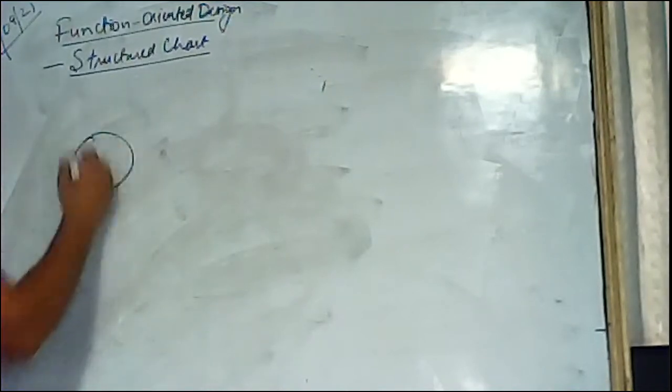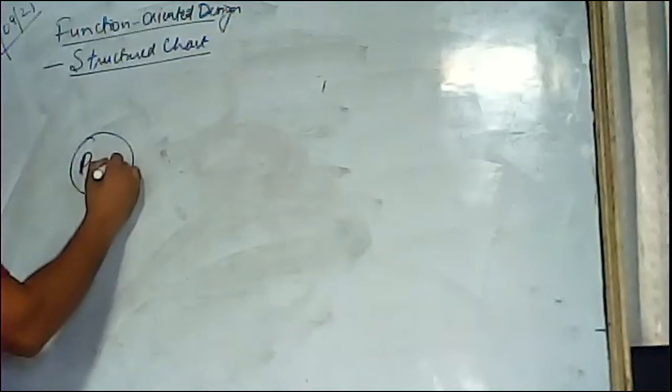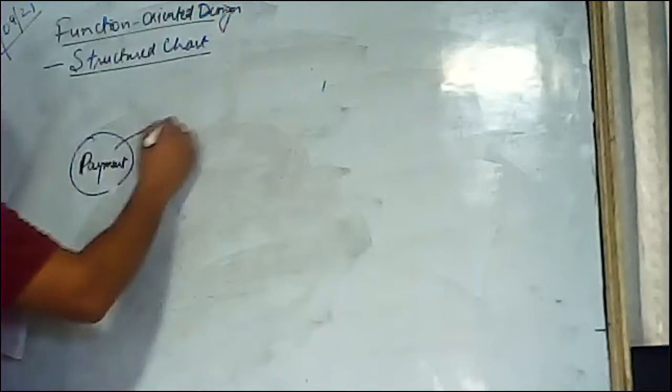So for that, first of all, we have to make a design. This is for designing purposes. These DFD and structure charts are used for designing purposes. So we have to go up to only the third level, not more than that. There should be three sub processes in a single process. If I say this is your payment process, there are further processes.